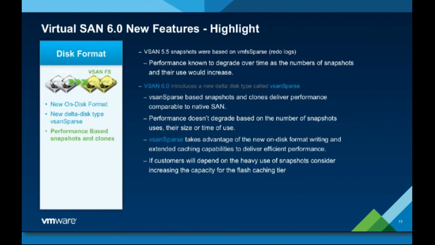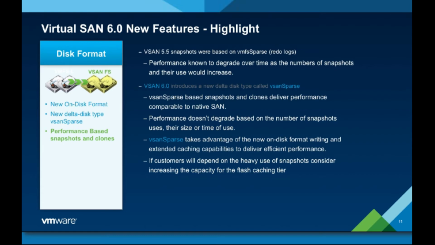Another cool new feature inside of virtual SAN, as far as highlights, is the use of the vSAN sparse disk. To highlight this idea, effectively what it means is we can take the cloning procedure away from the virtualization stack and bring it down to the storage level.